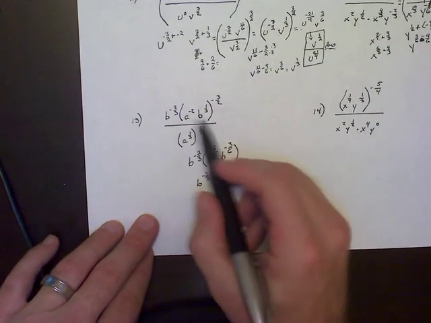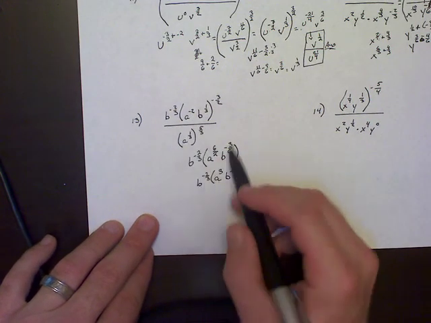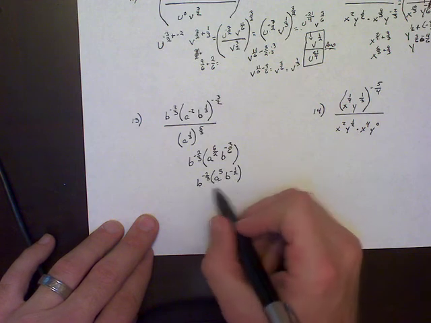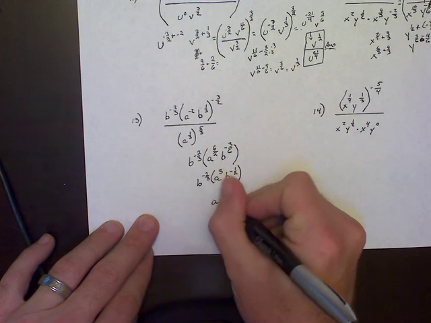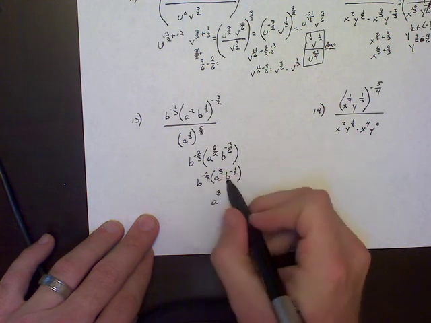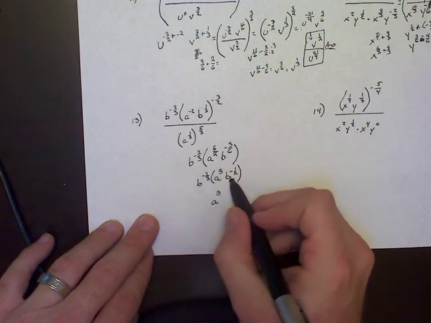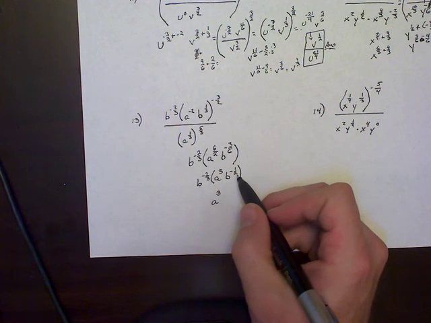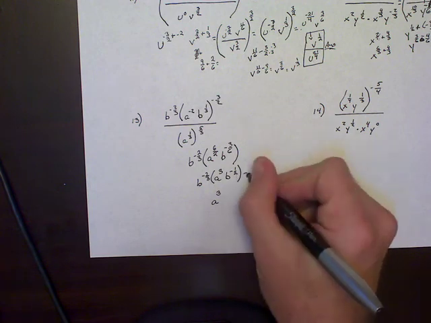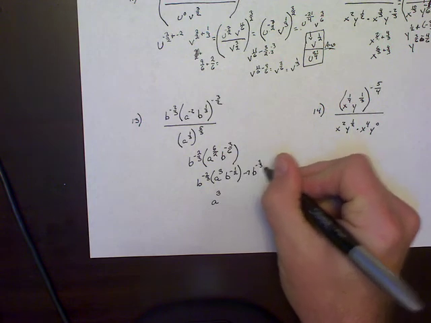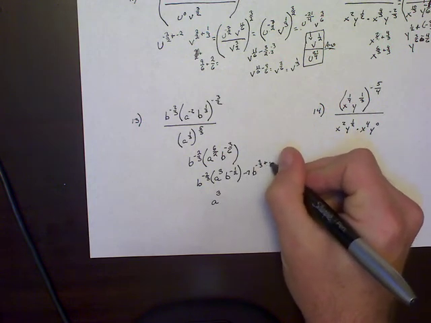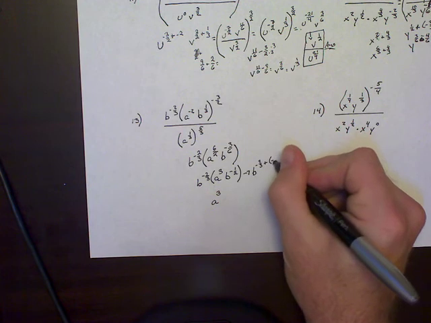Now, I'm still only working on the top. I haven't even looked at the bottom yet. So now we can distribute this b in here. Because that's an a, that a is not going to change. But b to the negative 2/3 times b to the 1/2, we are actually going to add those together. So b to the negative 2/3 plus, make sure I get that right this time, negative 1/2.